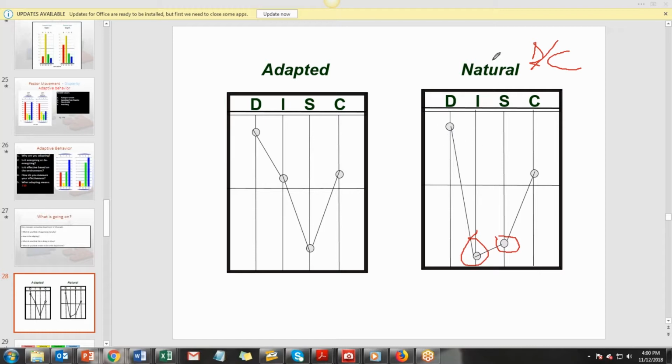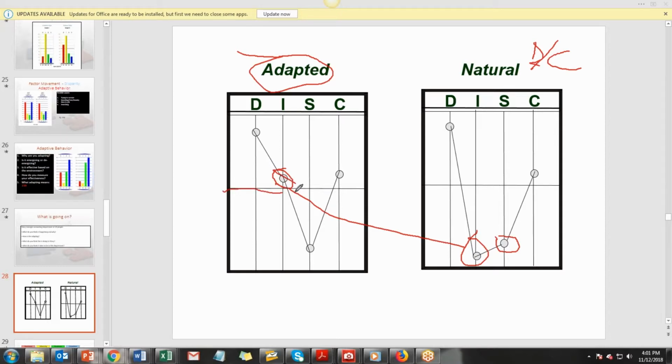So now we know her natural style, which the person always reverts back to when they're under stress. Now, what we see is Mary's adapting, isn't she? Her I score goes up at work. Thank goodness. She's sociable at work, but there's a lot of energy.